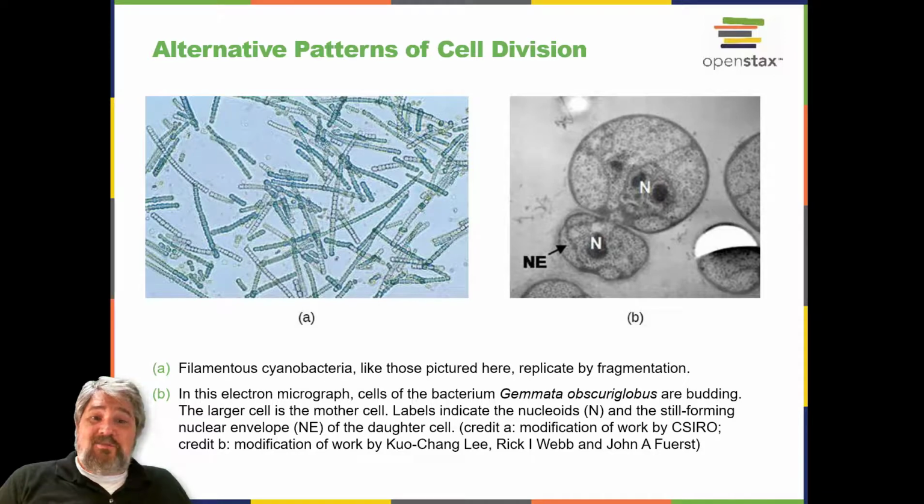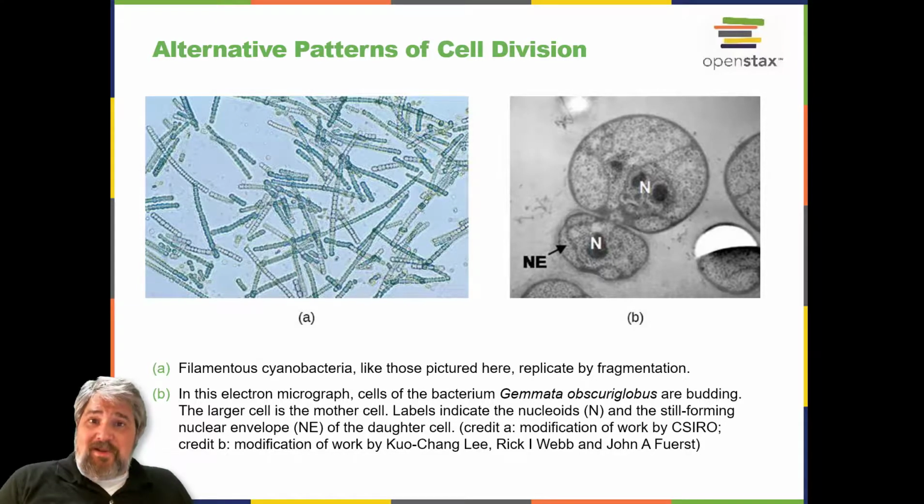Alternative patterns of cell division. Binary fission is the most common pattern of cell division in prokaryotes, but it is not the only one. Other mechanisms usually involve asymmetrical division, as in budding, or production of spores in aerial filaments.